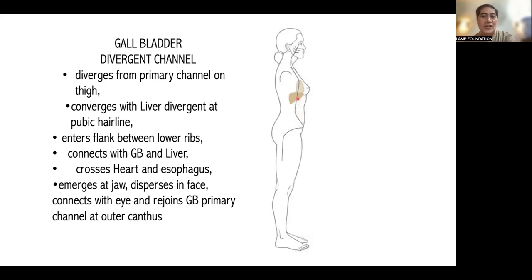From here, it crosses between the lower ribs, connects with the gallbladder, and then spreads through the liver before proceeding upwards across the heart and esophagus, and then dispersing in the face. Here, it connects with the eye and rejoins the gallbladder primary channel at the outer canthus. So, napaka-importante po niyan. In fact, tapping just this area can help the patient a lot.